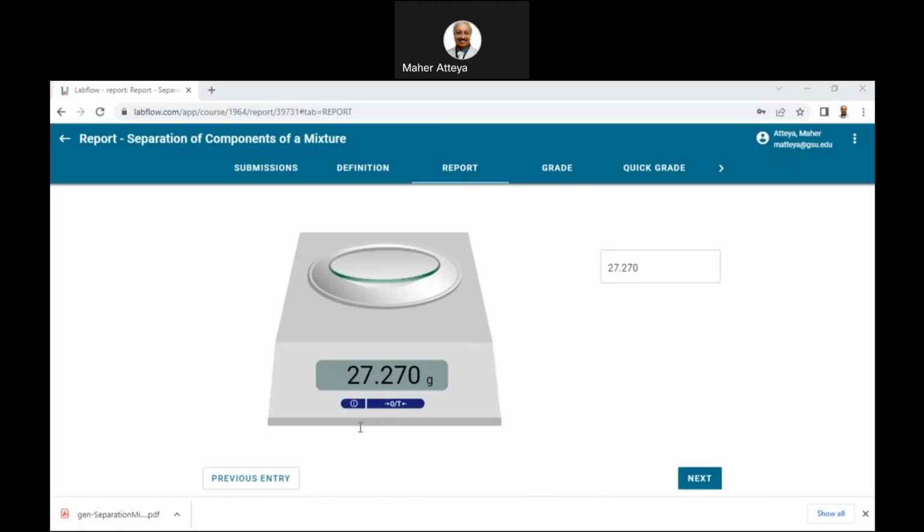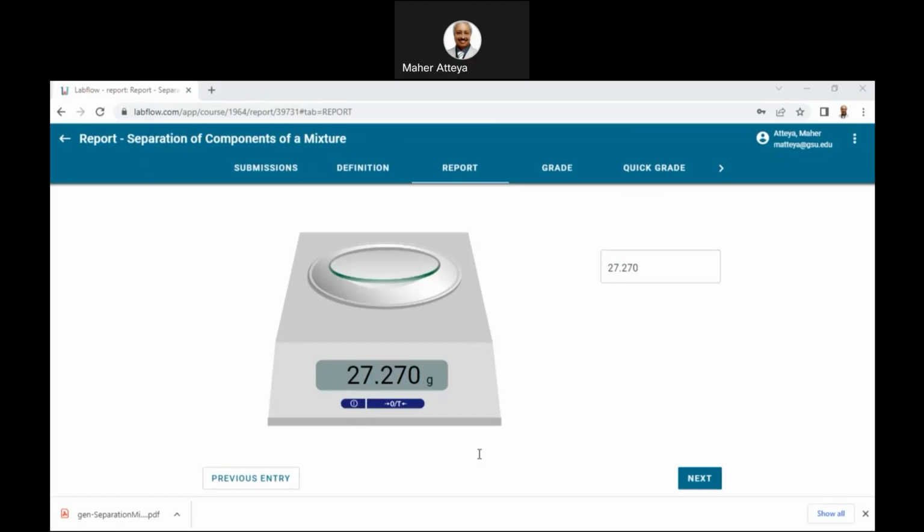So crucible number 2 will have the solution of our salt, which is sodium chloride.